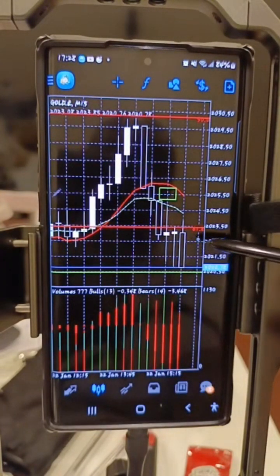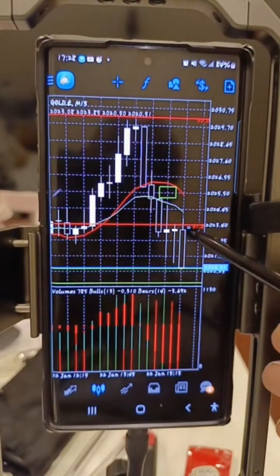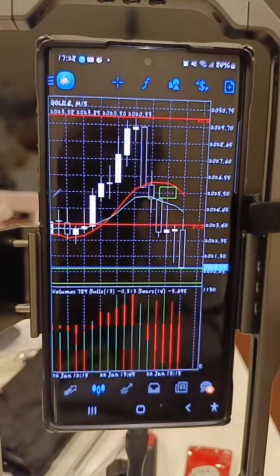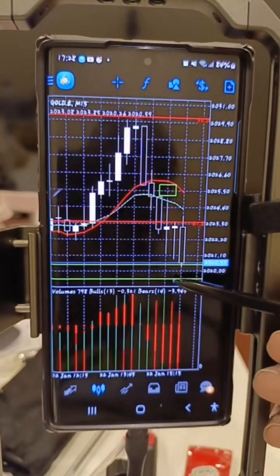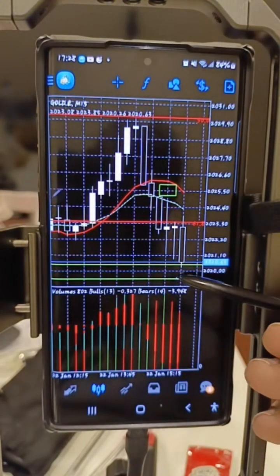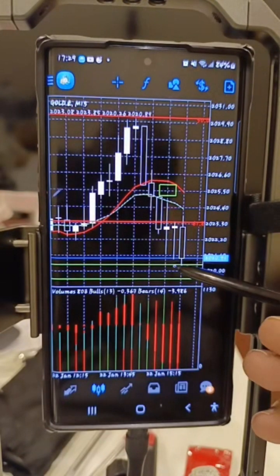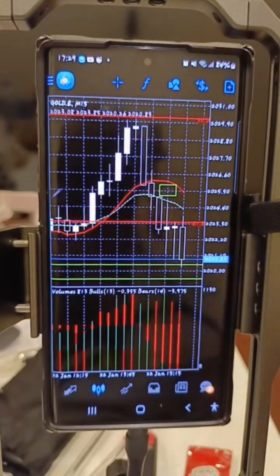You can clearly see here, gold is selling off, and it respected 61.8. Gold is selling off nicely. See the line I drew here, it respected it. What I'm looking for it to do now is come back, this becomes my resistance, then I put in a sell.